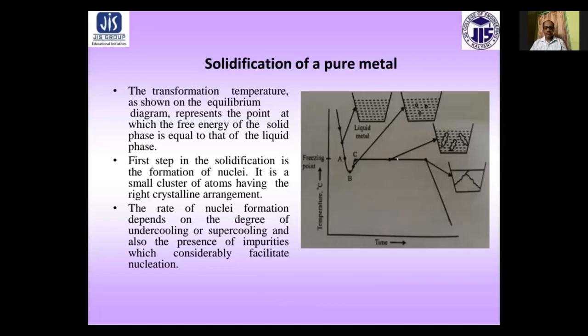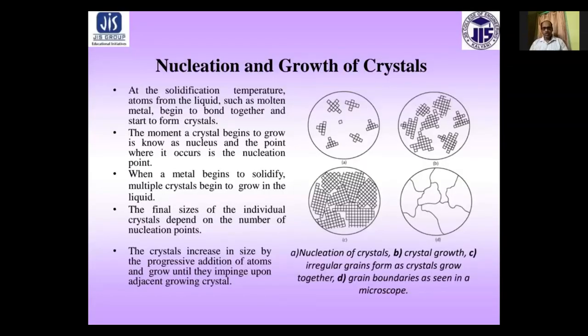This rate of nuclei formation depends on the degree of undercooling or supercooling, and also on the presence of impurities, which considerably facilitate nucleation. At a temperature below the melting point, a nucleus has to be of a certain minimum size, called the critical size, so that it will grow.